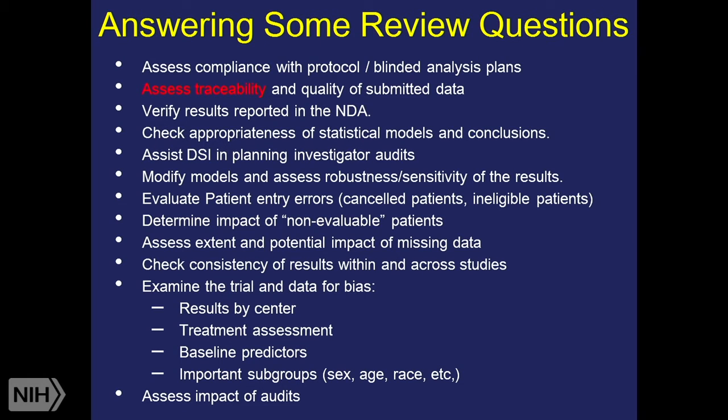And I'm not going to go through this line by line, but this just gives you a sense of the things that we have to do as statistical reviewers when we're trying to answer questions in review to determine if a study is adequate and well controlled. You'll see right up there something I'll call assess traceability.